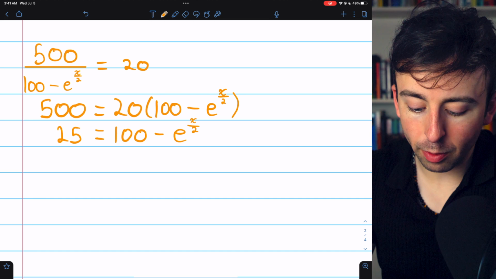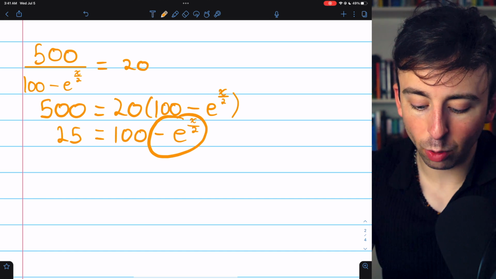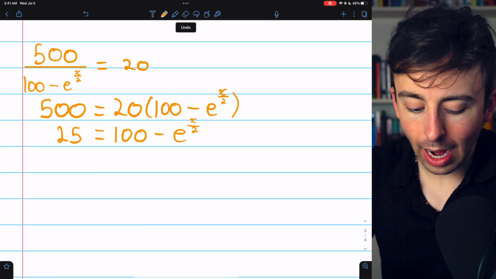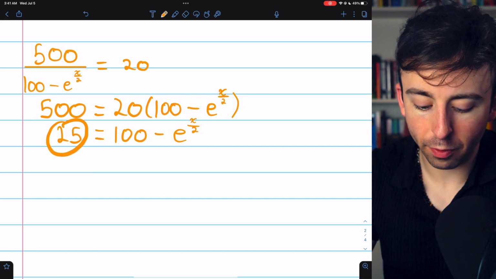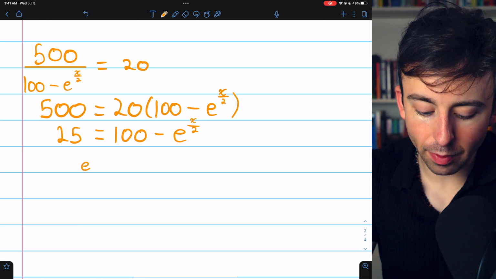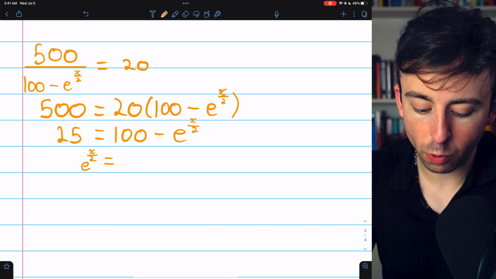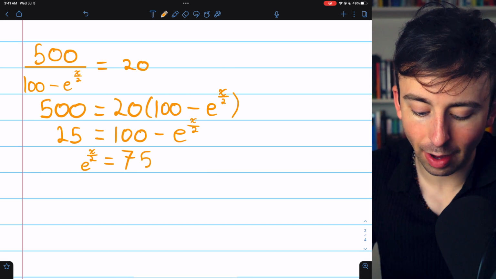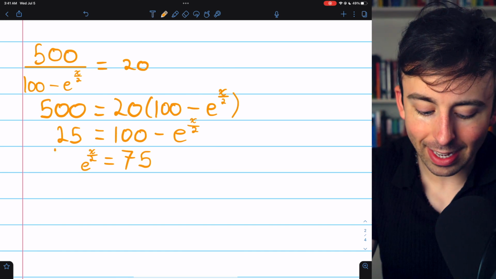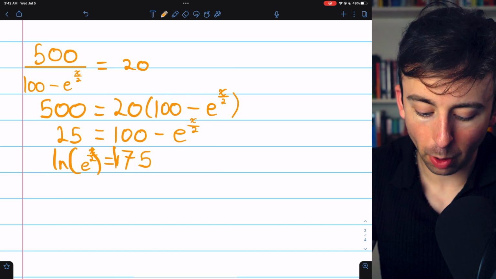To get it by itself, let's add e to the x over 2 to both sides, and then subtract 25 from both sides. That's going to leave us with e to the x over 2 equals 100 minus 25, which is 75. Then we can take the natural log of both sides.